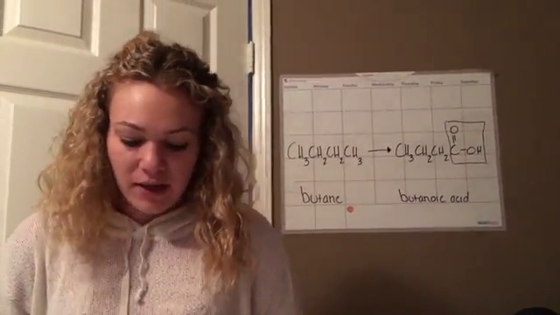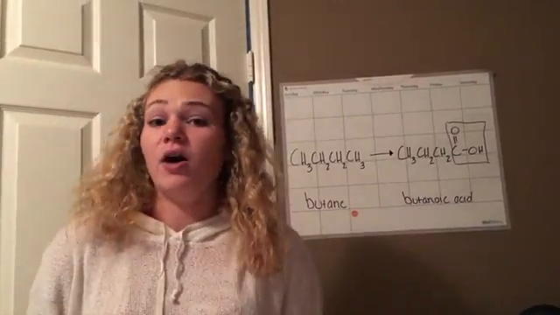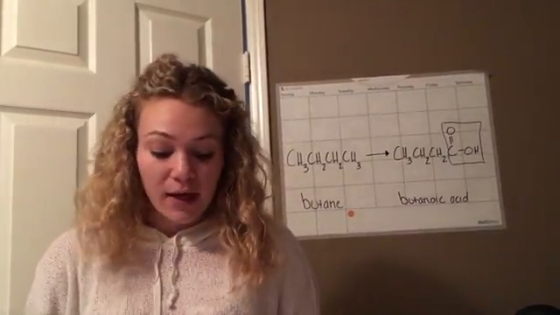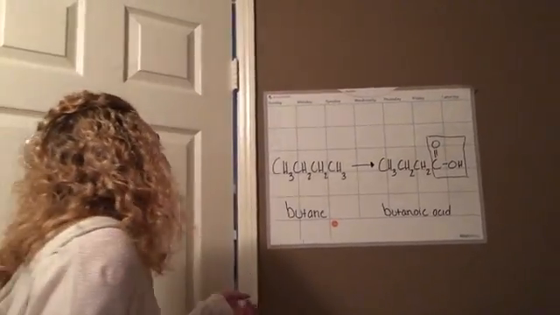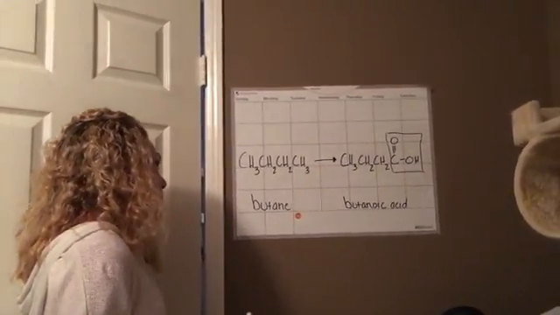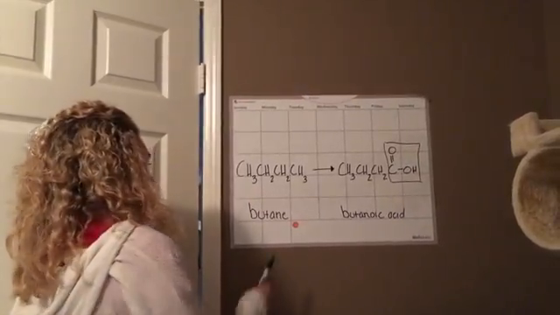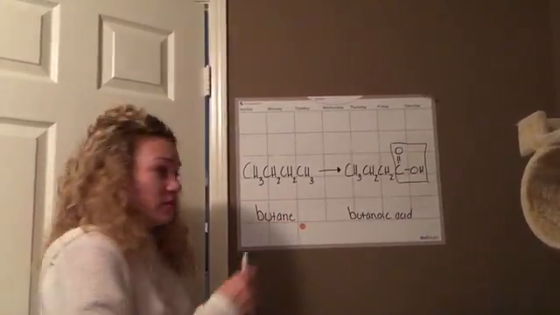To name carboxylic acid parent chains, drop the E off the end of the alkane name and add oic acid. For example, we have the alkane butane. We're naming the parent chain, which is the longest continuous chain of carbons.